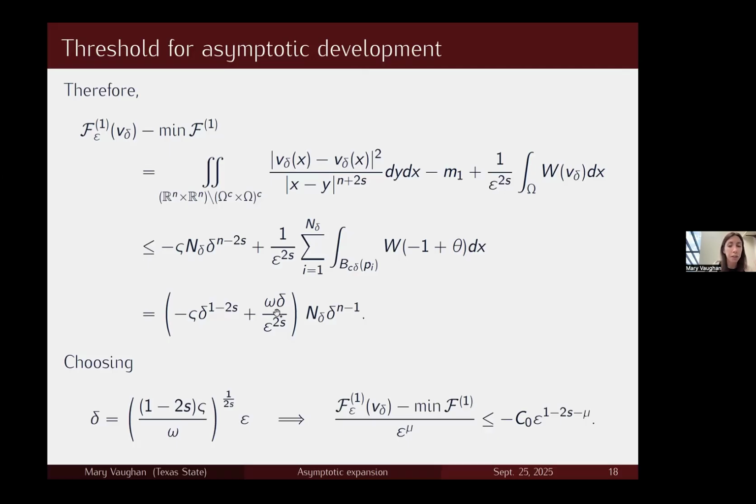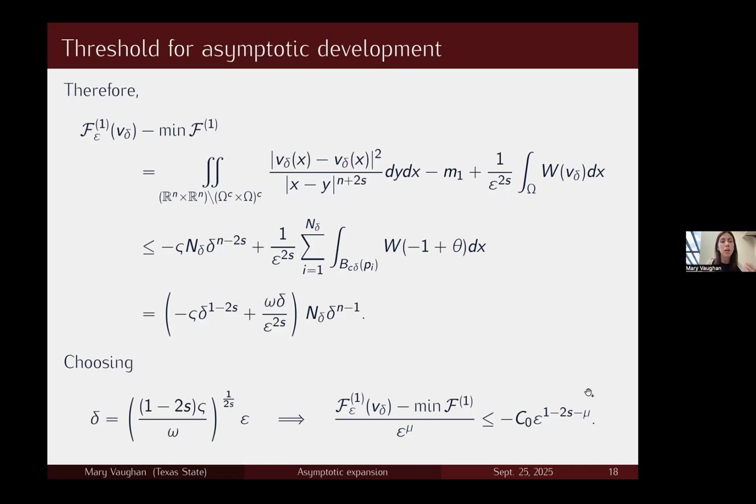So then you just do calculus. You find where this number is minimized. Well, it's by choosing this particular delta, which is some number times epsilon. And when you plug that in, you get a negative value. So you get C naught epsilon to the 1 minus 2s. And again, this behaves like 1. And then if you divide by epsilon to the mu, you have a minus mu there.